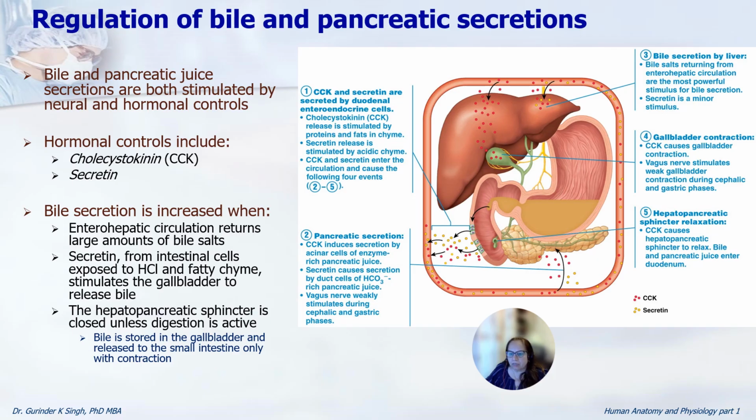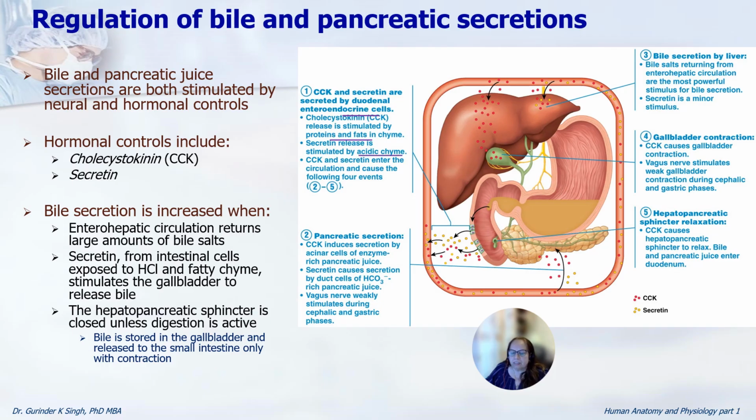So the cholecystokinin is the red dots, and the yellow dots are your secretin. Both of them are secreted by the enteroendocrine cells. The CCK is stimulated when proteins and fats are present in the chyme, and secretin is released when there is acidic chyme coming into the duodenum.